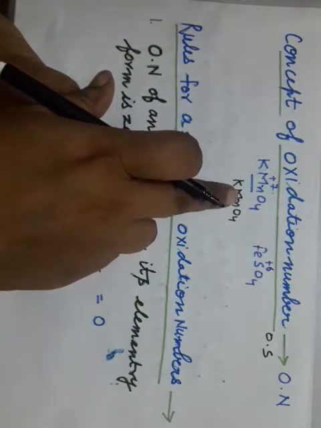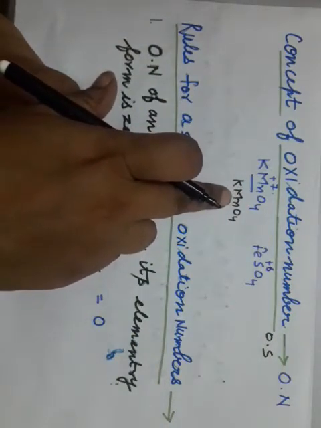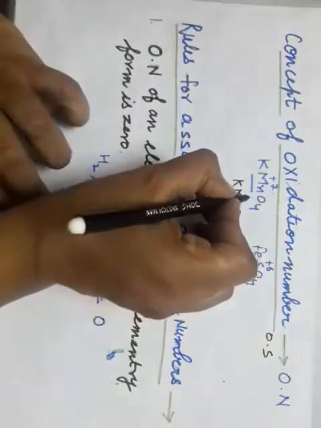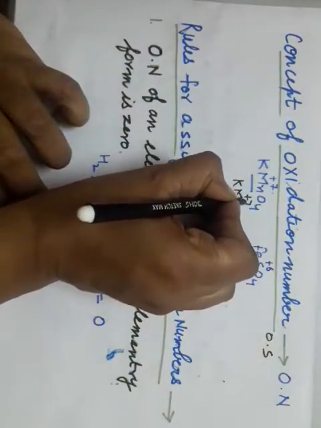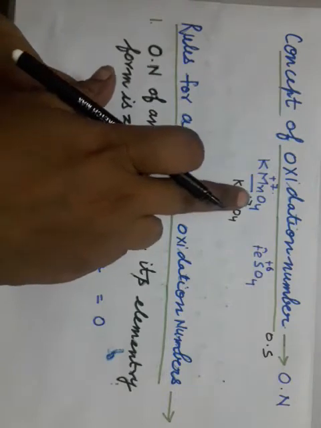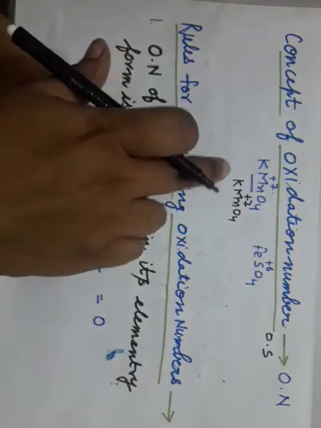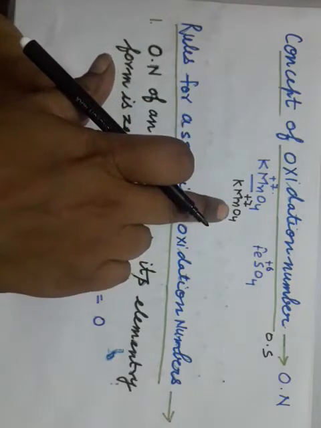Oxidation state means the number of electrons lost or gained by the element to form a compound. If it is written that the oxidation state of manganese is 7, that means manganese loses 7 electrons when it is involved in forming the potassium permanganate molecule.